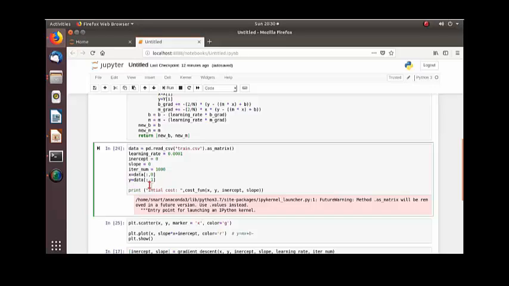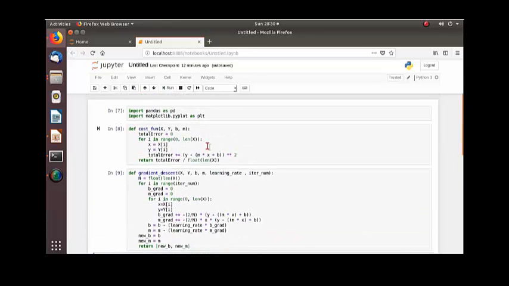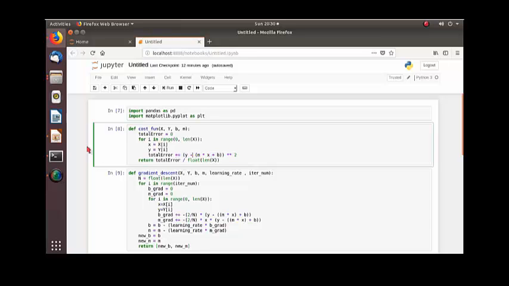Now I will show you the initial cost when intercept and slope are 0. I am passing x, y, intercept and slope to the cost function. This is our cost function. If you remember, this is the same equation as we studied in our previous slides.